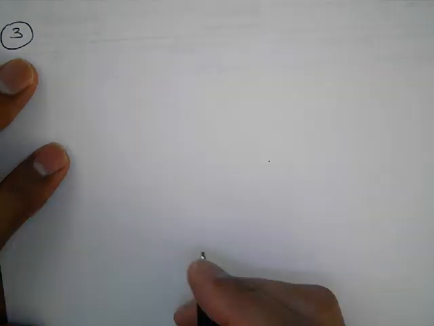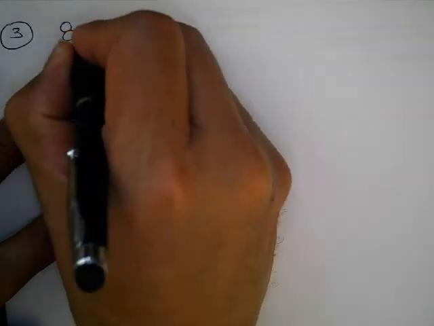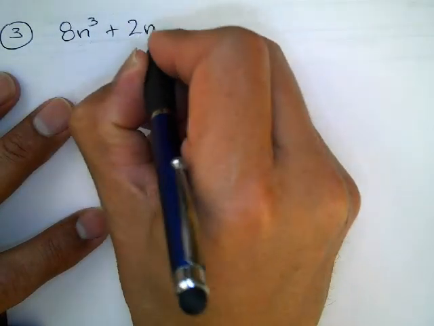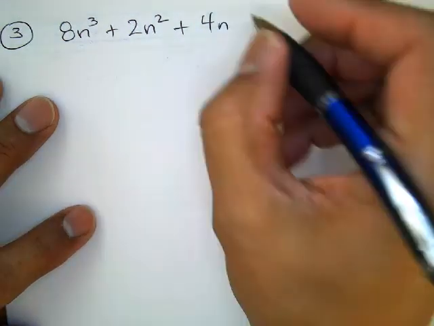Okay, last one, number 3. Let's see. Okay. Let's go with 8n cubed, and they might change the variable, that's not a big deal.